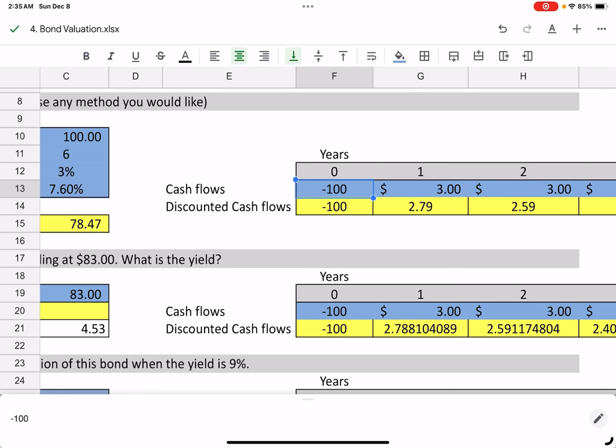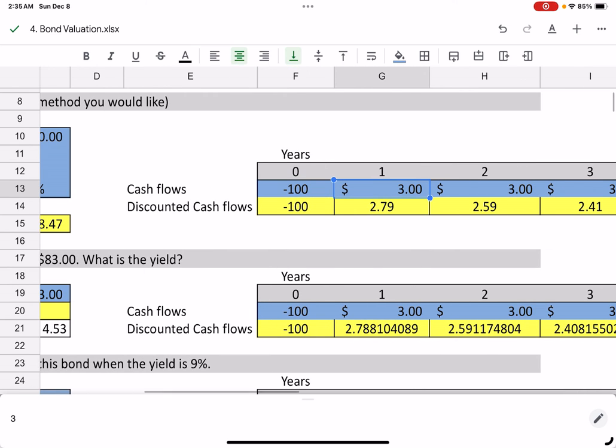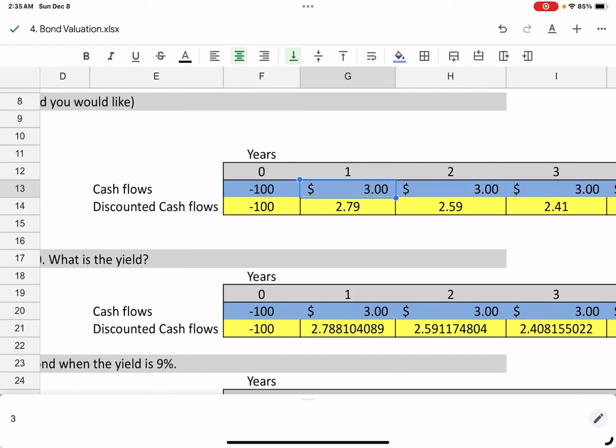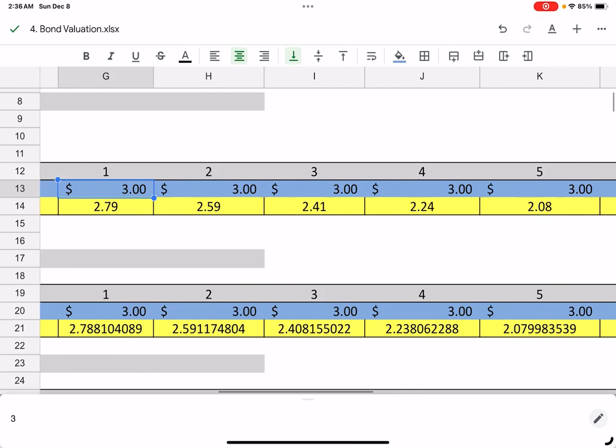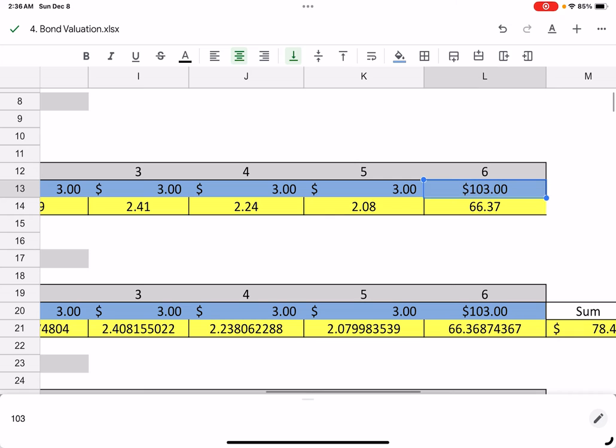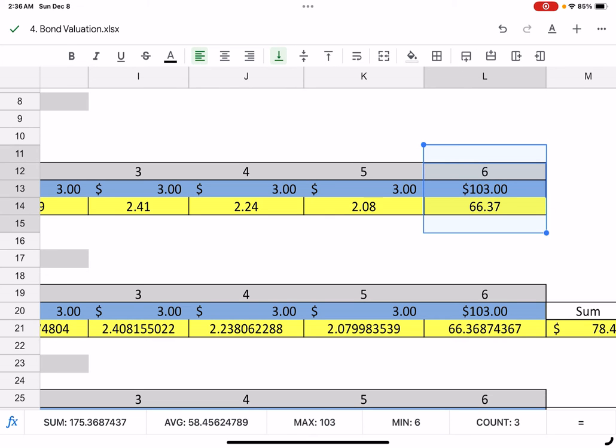Then at the end of year 1 we will receive a $3 coupon on this bond, so our positive cash flow is $3. Similarly for years 2, 3, 4, 5, and 6. For year 6, our cash flow is the $100 face value, because we receive that upon maturity, plus the $3 coupon payment for year 6. So our total inflow for year 6 would be $103.